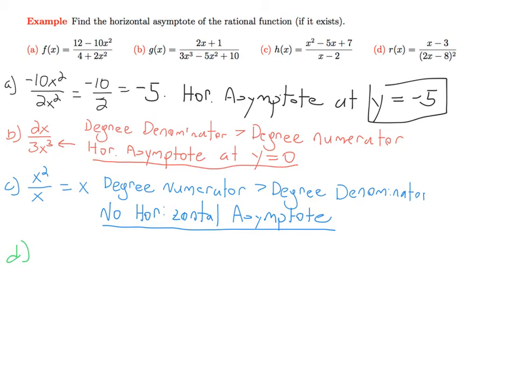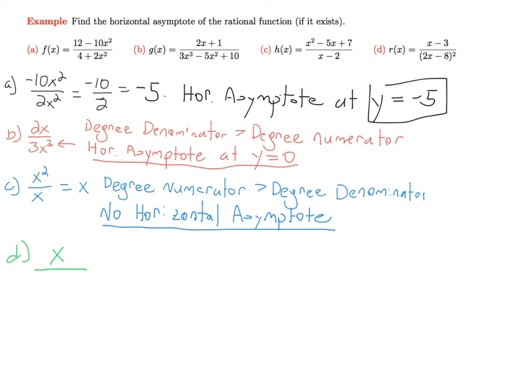And lastly, in part D, we need to be careful here. The numerator has a leading term of x. And in the denominator, it might seem like the leading term is 2x, but be careful. We're raising this to a power of 2.